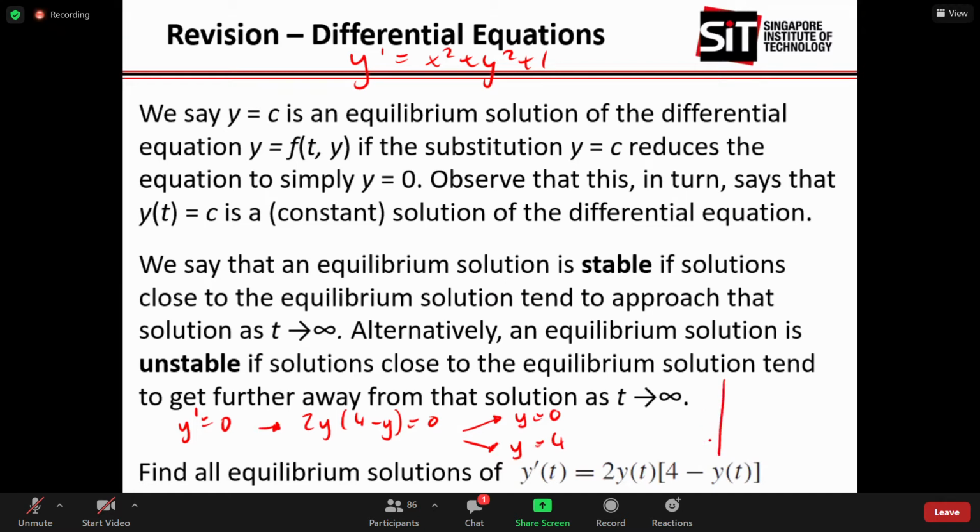So representing this, we have this line, which is y equals 4, and this, which is y equals 0.